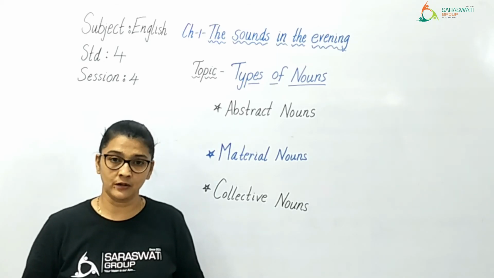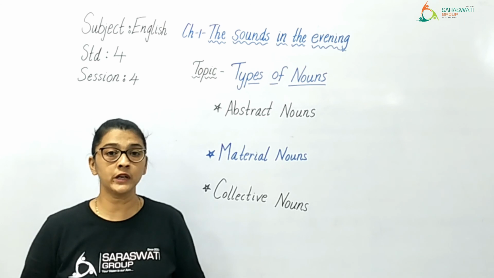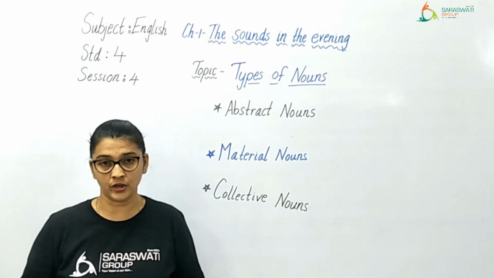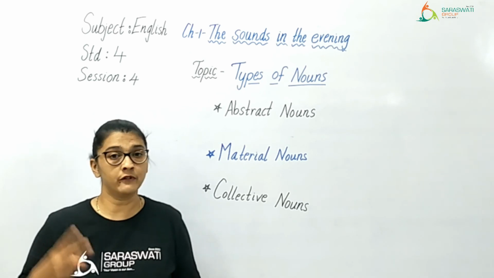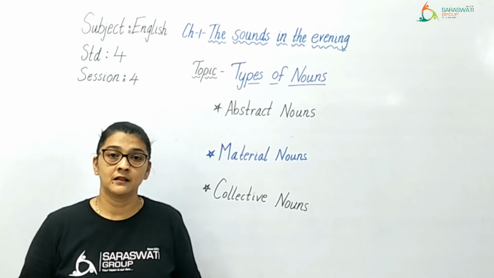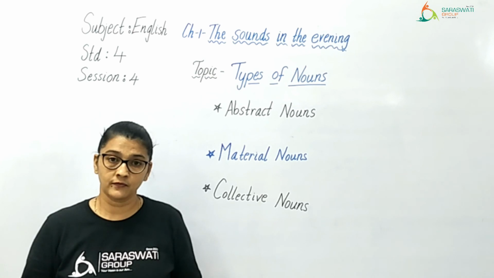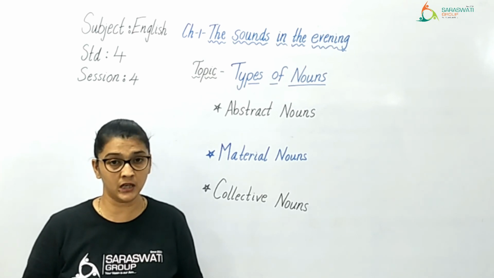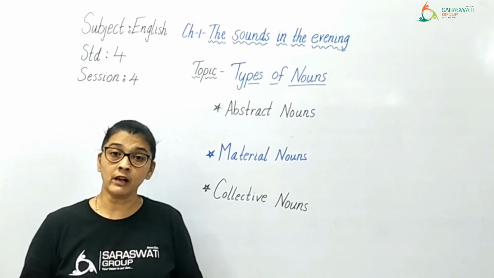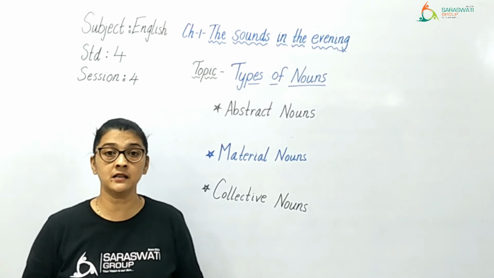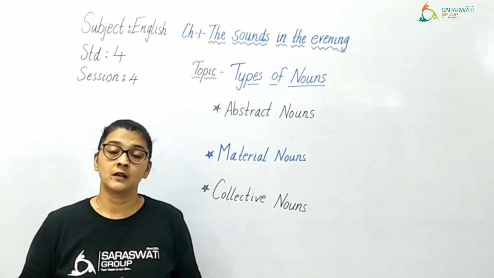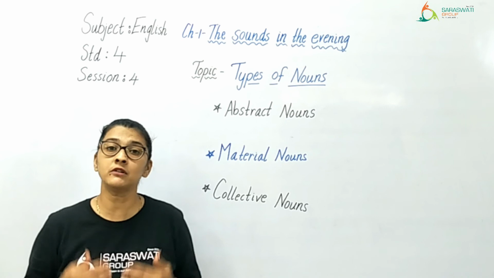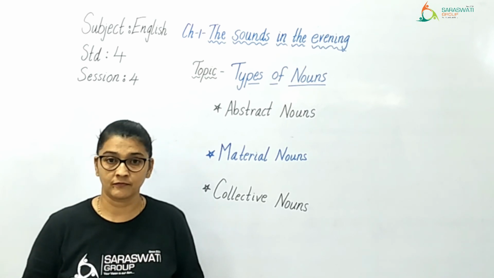Along with this video lecture, you are going to get a worksheet which you have to do as homework. In the worksheet, you will find two questions. In question number 1, you are going to get a paragraph which you have to read, and you will have to find and underline abstract noun, material noun and collective noun which we have learned in today's session.